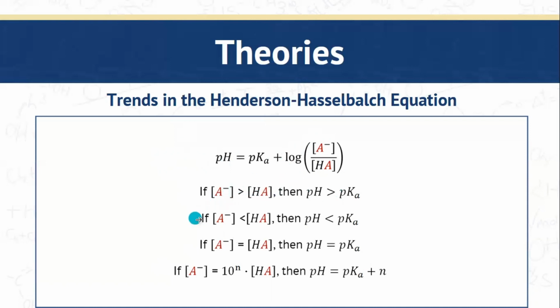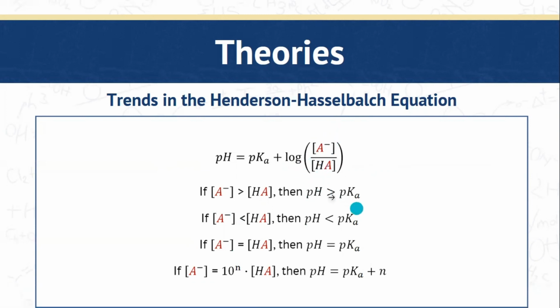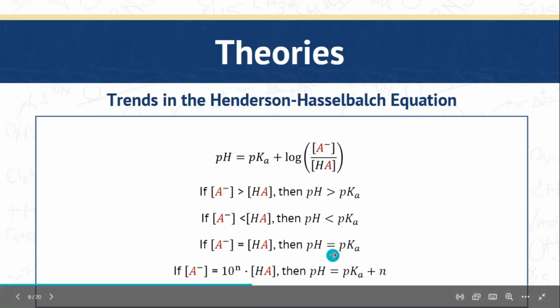If the conjugate base is less than the acid concentration, then the log term will be negative. As a result, the pH is less than the pKa value. If both concentrations of the conjugate base and the acid are the same, the log will be equal to 0. As a result, the pH will be equal to pKa.